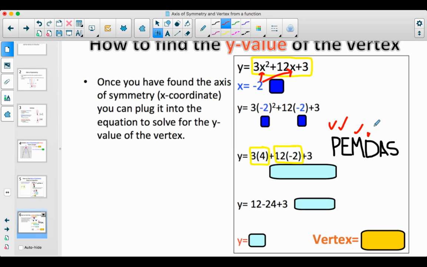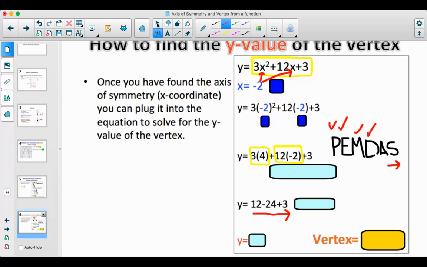There is no division. Addition and subtraction, that doesn't necessarily mean you have to do addition first and then subtraction. You do addition and subtraction the way you read. So just do it from left to right. I'll actually make my arrow like this because that would mean we're going back and forth. So from left to right. Again, the way you read from left to right, you would just solve this equation this way.